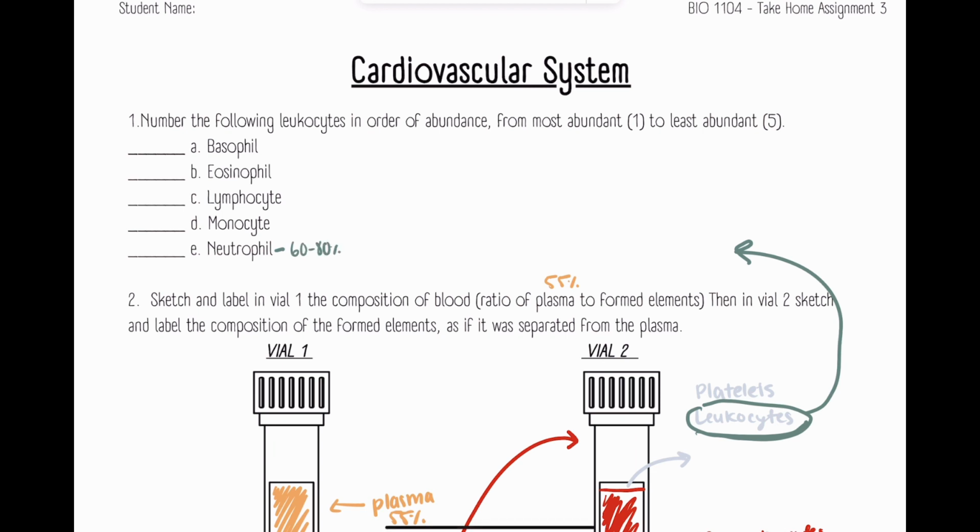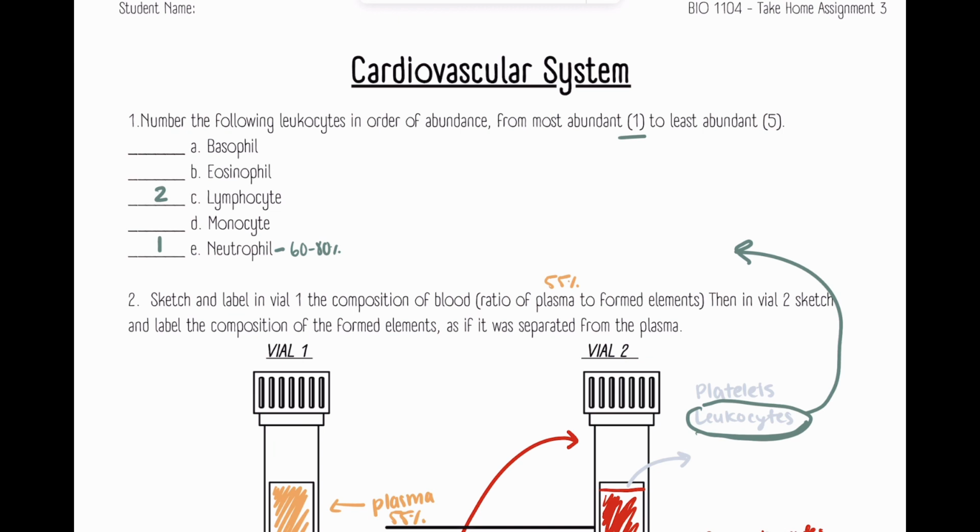So leukocytes are only less than 1% of our full formed elements. So it's not a lot in comparison to the other things. But out of those less than 1% of leukocytes, neutrophils are the most abundant. From there, we have our lymphocytes. So that would be our next most abundant.